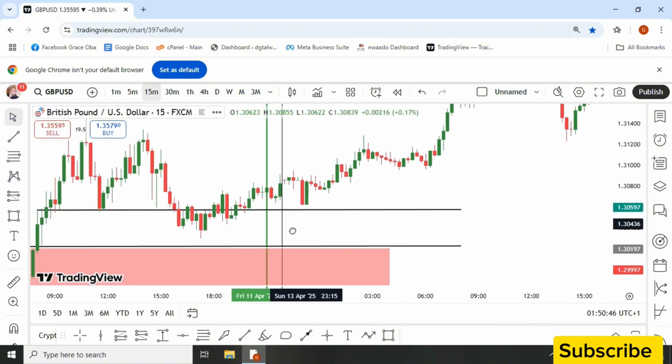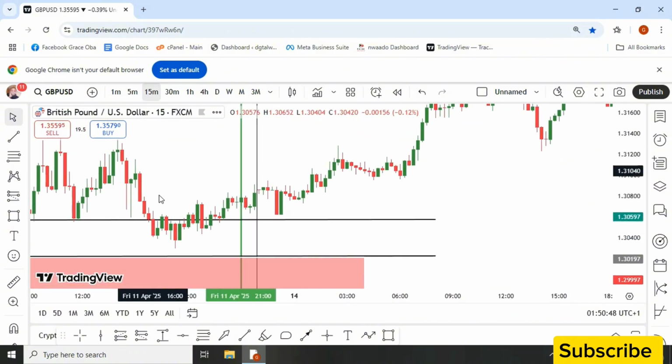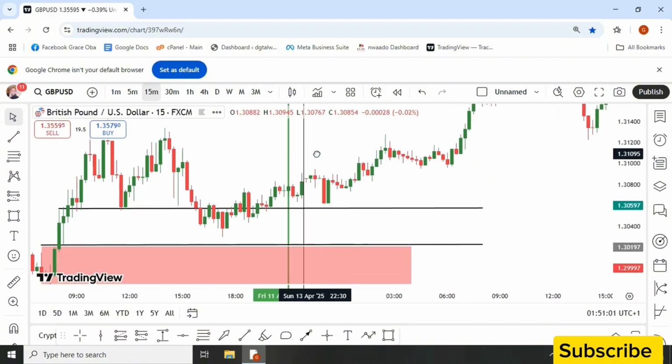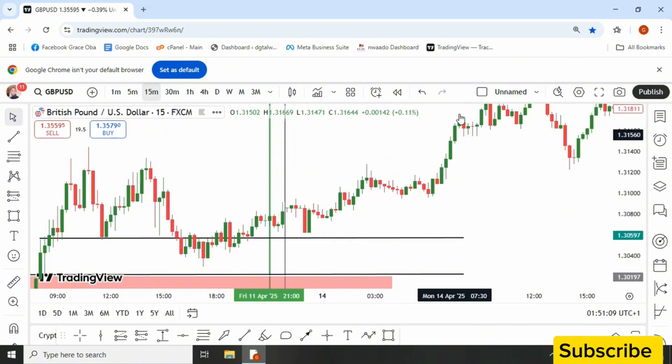And let's continue. You can see from here, price broke this structure from here, right? It's downtrending, but it broke this structure from here. So it's a change of character and it's a confirmation to go long from here.